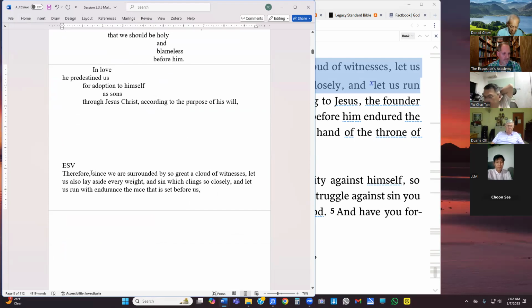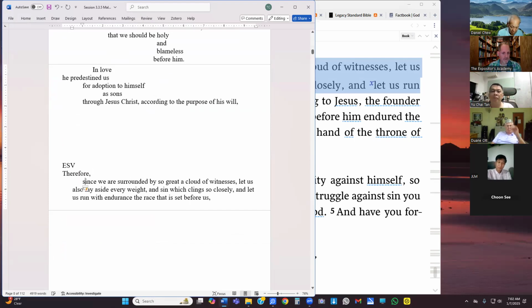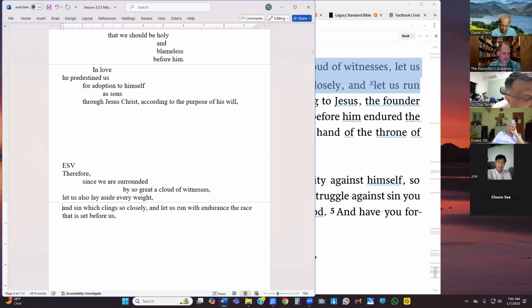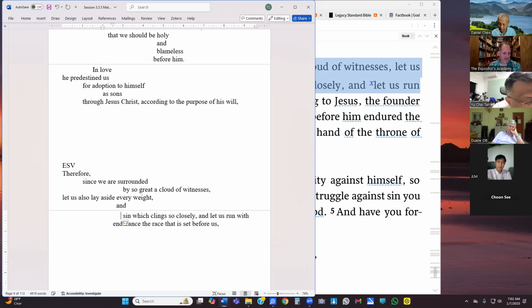All right, so therefore, since we are surrounded by a cloud of witnesses, let us lay aside. Okay, that's the every weight. This is the independent clause. And sin. Which sin? The sin which so closely clings to us.